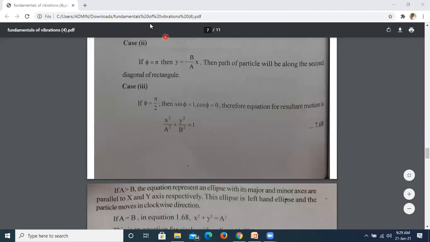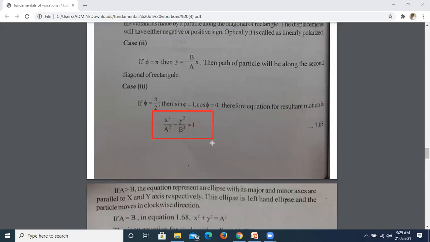So what does it represent? It is the ellipse equation. Therefore, when the phase difference between two mutually perpendicular simple harmonic motions of different amplitudes and the same frequency is 90 degrees, the resultant motion would be an ellipse.